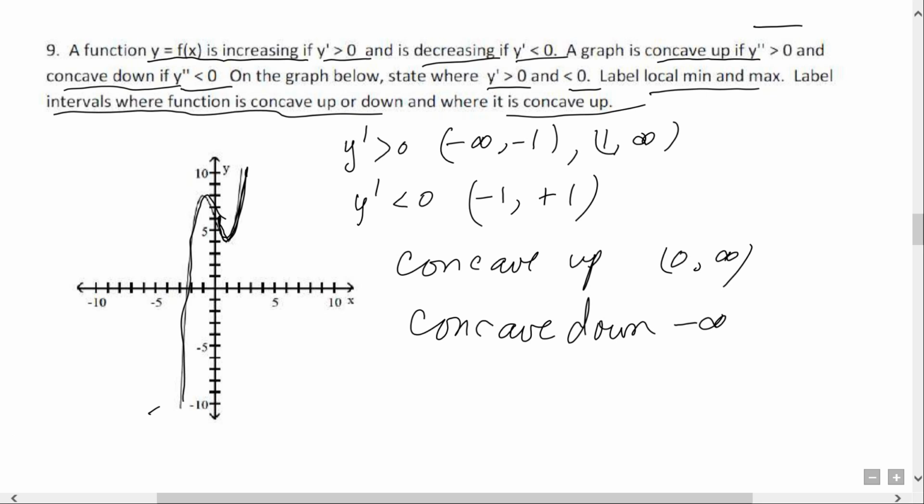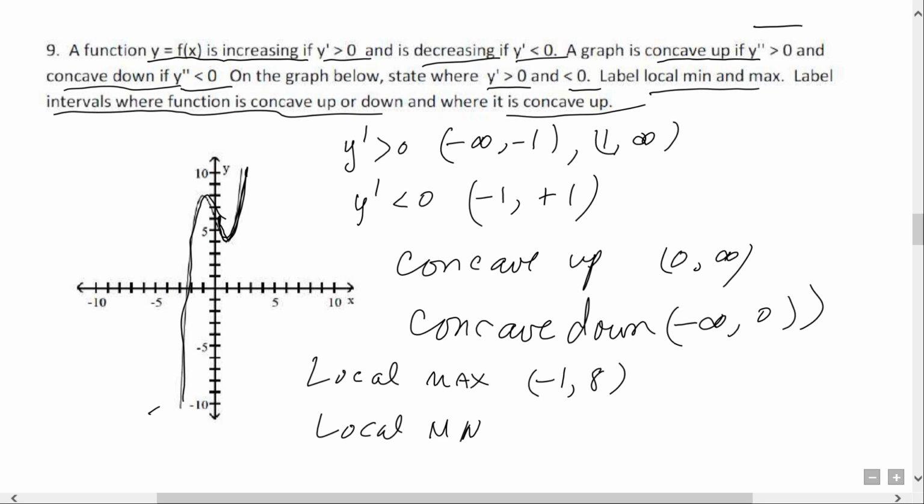And you can see, just by observation, you have a local max at x equals minus 1, and y equals 8. You have a local min at x equals 1 and y equals 4. And that's part 1 of the extra review.